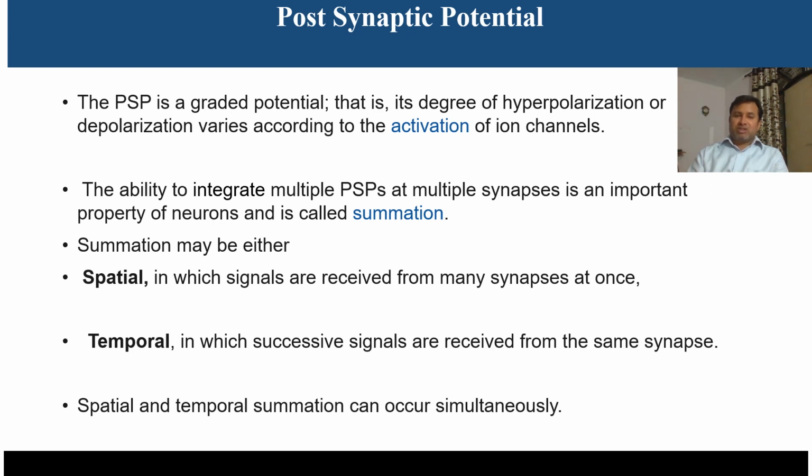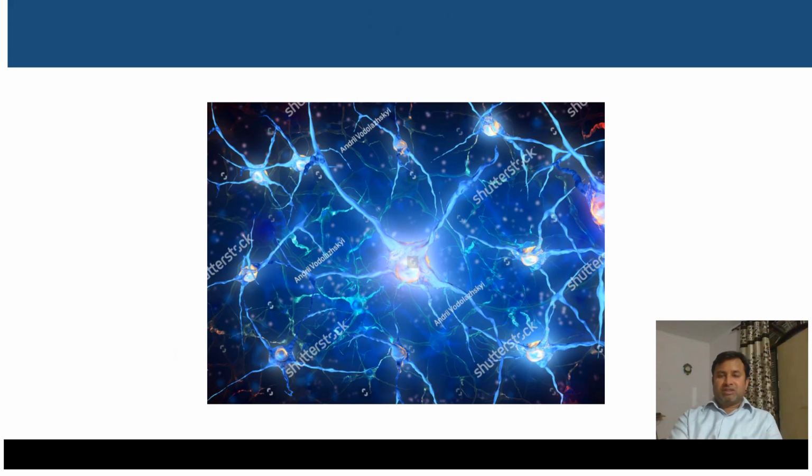In spatial summation, signals are received from many synapses at once, while in temporal summation, successive signals are received from the same synapse. The spatial and temporal summation can occur simultaneously. So these are the neuronal connections where one neuron is connected to different types of neurons.